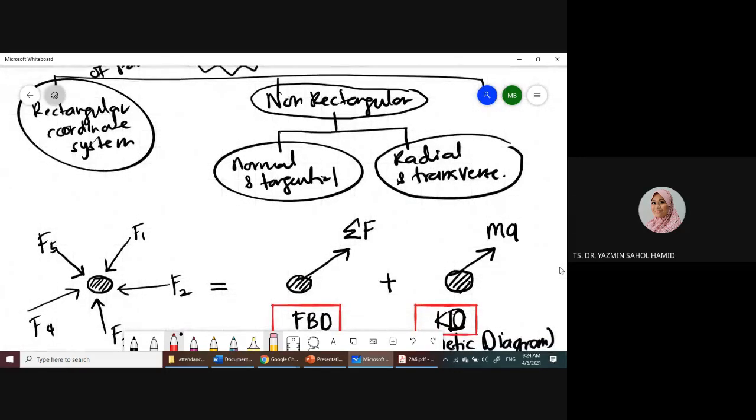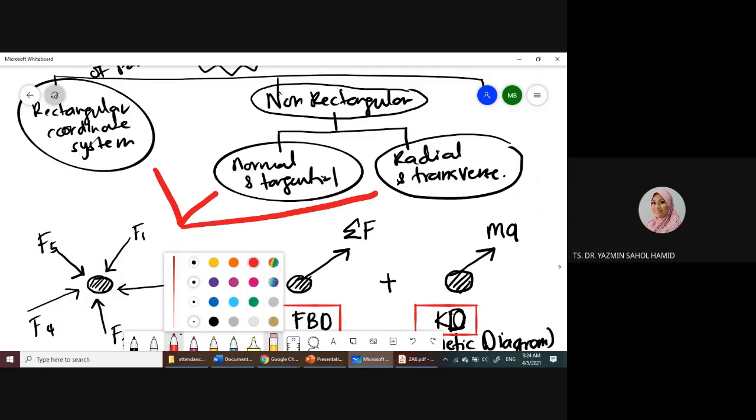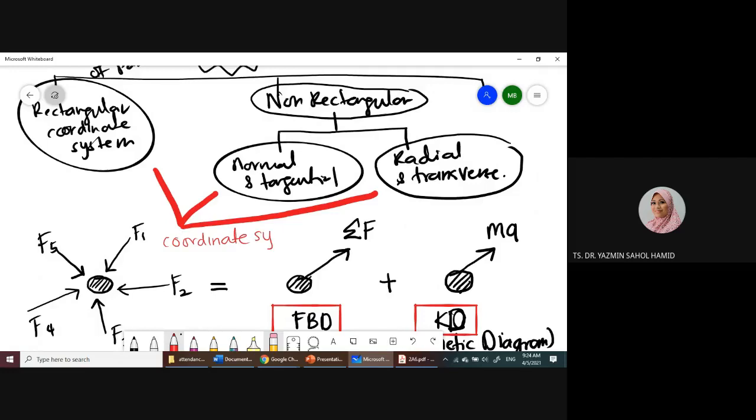So these are the three coordinate systems.